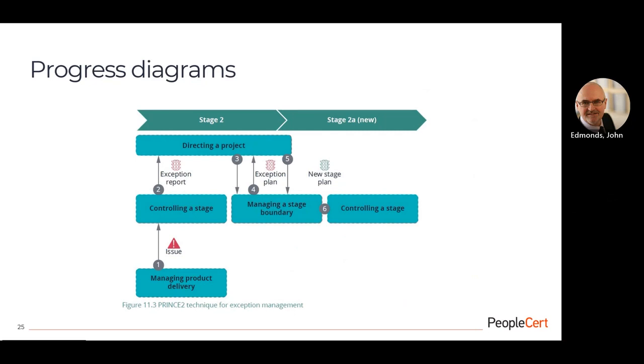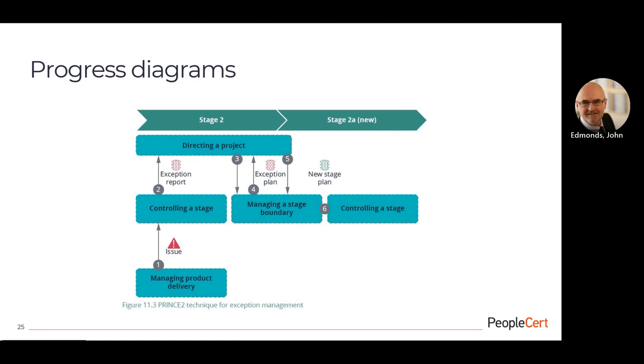This one is the technique for exception management, and you can see some numbers on here: 1, 2, 3, 4, 5, and 6. Each one of those is described in the text that follows this diagram, and it takes people through the various steps from the initial raising of an issue, in this case, somebody in the team, a team manager, raising an issue to the project manager.